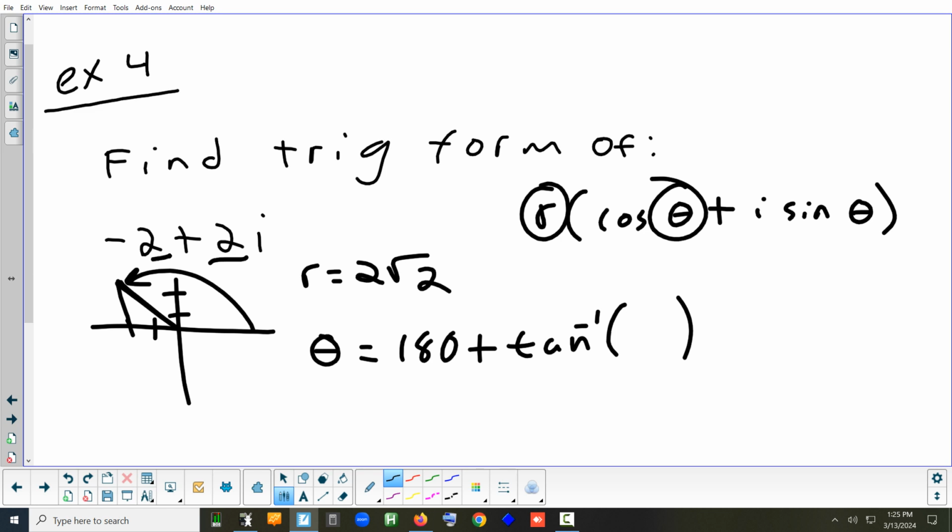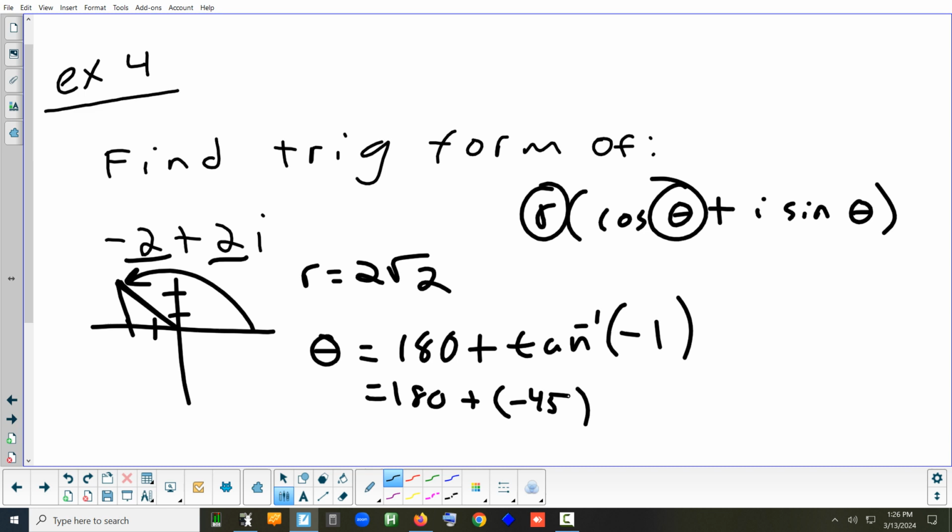What's y over x? 2 over -2, which is -1. So that's going to give me 180 plus inverse tangent of -1. Does anybody know what that is? It's a nice number. -45.